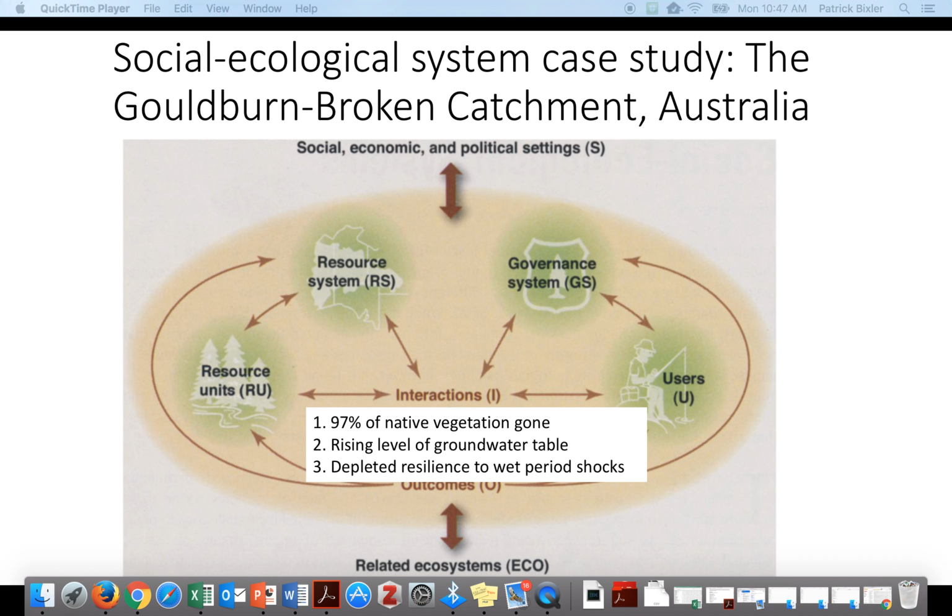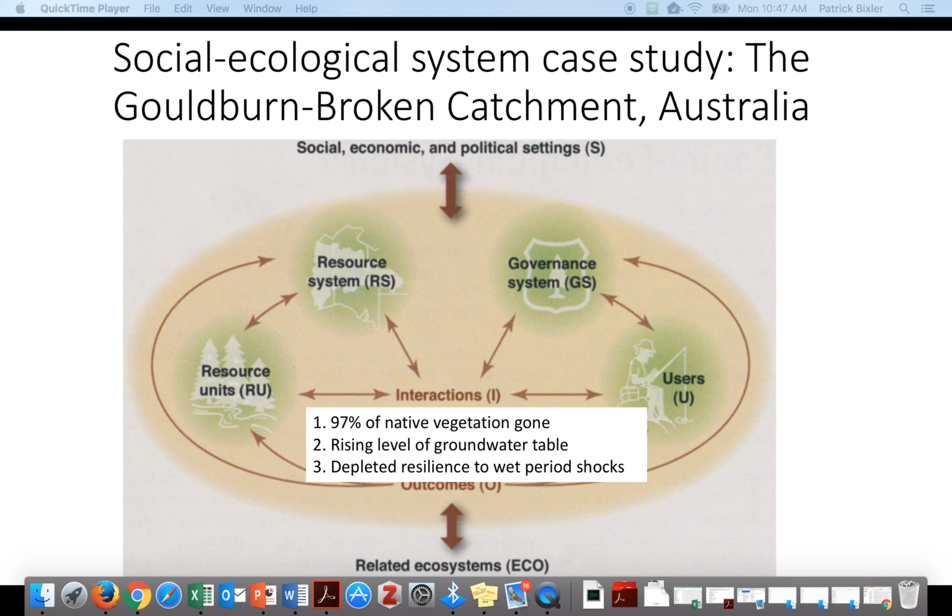What that did is combine the Goulburn Broken catchment into a larger Murray-Darling Basin watershed or river system. So now we're thinking about those cross-scale interactions. Now this one watershed is connected to and part of a larger river system. Of course, it was always connected. Now we're thinking about those connections.